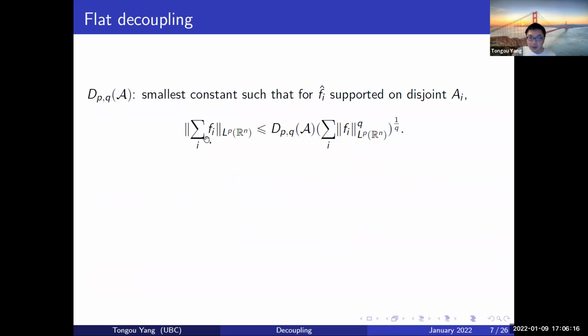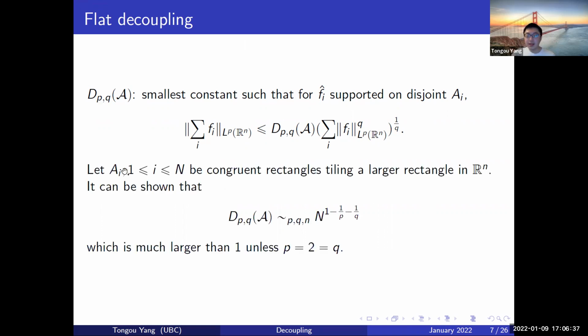Next, we come to the easiest case of decoupling with some geometry. We call it flat decoupling. What do we mean? By flat decoupling, we are given a collection of subsets A_i, i from 1 to N, and this N is a huge number.